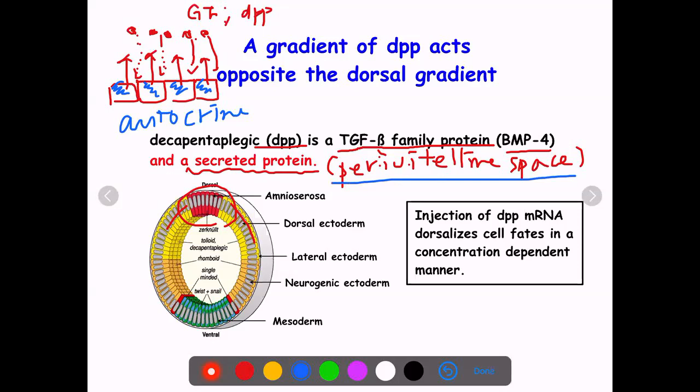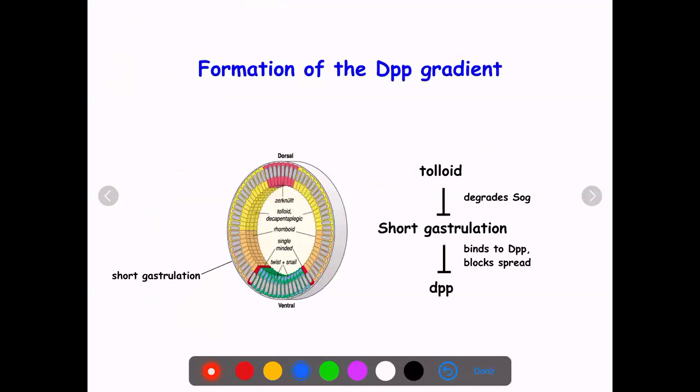If DPP is produced from the dorsal side, then the DPP might as well diffuse down to the ventral side, and then they may change that ventral side into a dorsal structure, isn't it? So that is also a possibility, okay?